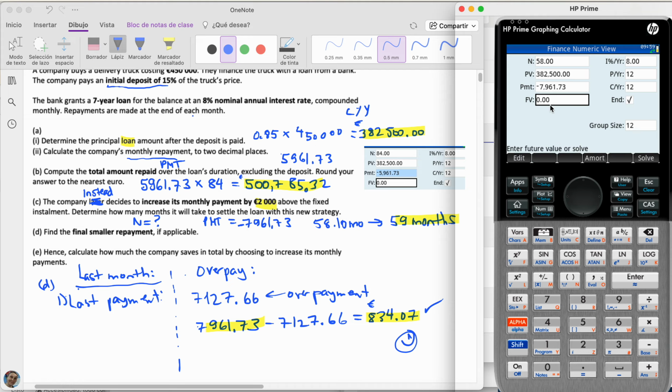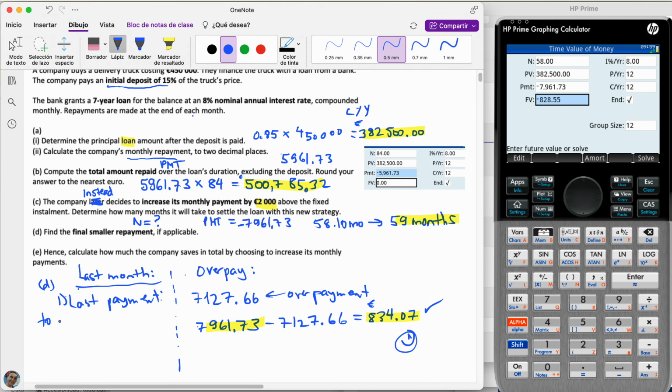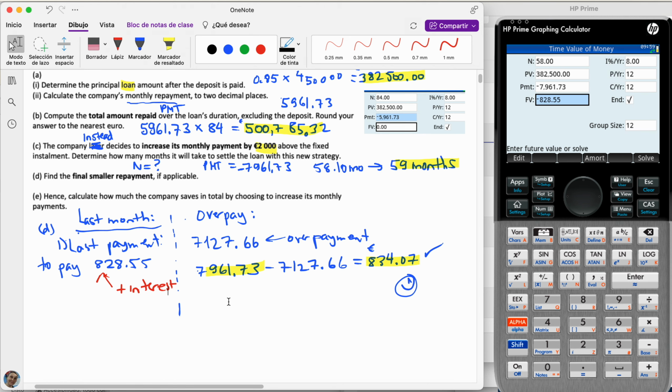And what you'll see, if it's 58, is this is how much we still have to pay. So to pay is going to be 828.55, okay? But remember, you still need to add interest on it, okay? So I'll take this.